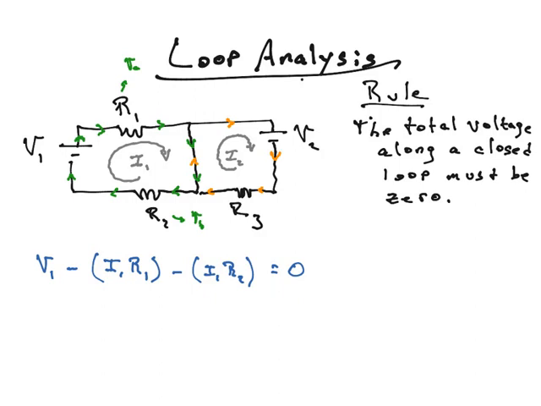That was an arbitrary choice. It could be counterclockwise. I don't know. But since I don't know, I have to guess one. And it turns out later on, if I happen to guess the wrong way, if the current is actually flowing the other way, when I solve for the current, I'd get a negative number. So I know, oh, it was going the other way. It's no big deal. You're allowed to guess one way or the other, and you must.